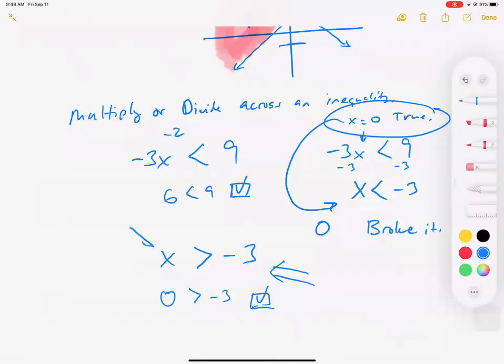Now look at my answer. Is -2 greater than -3? On a number line, yes. -2 is greater than -3. It's on the bigger side. Just as a quick reminder, whenever you divide across or even multiply across by a negative, you must flip that inequality.